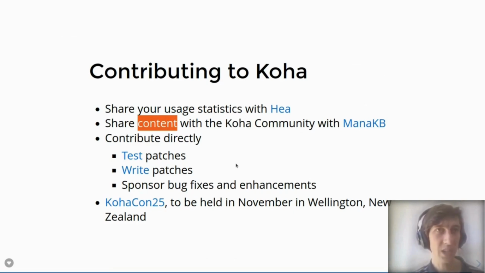You can test patches that other people have written, or if you don't want to do either of those, you can sponsor a Koha vendor like us at Catalyst to write a bug fix or write a new enhancement, and then that will get sponsored. If you sponsor that, it'll be tested by the Koha community and upstreamed, and then all the libraries around the world that use Koha can receive it.